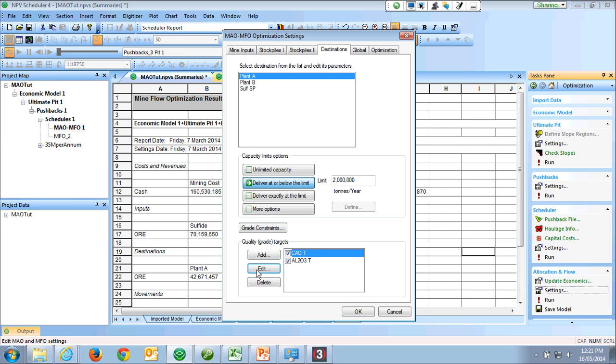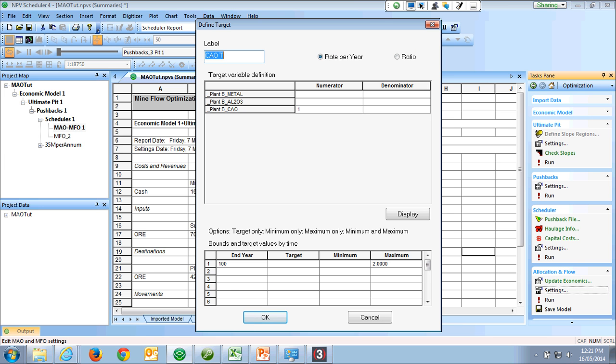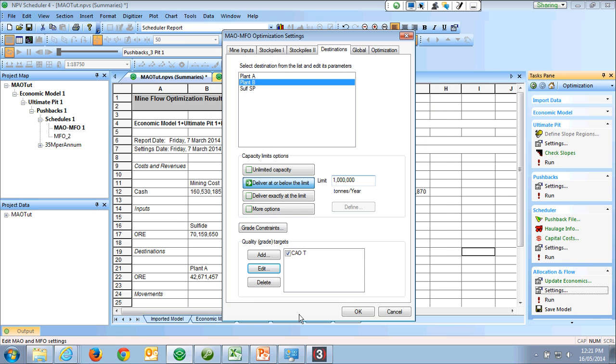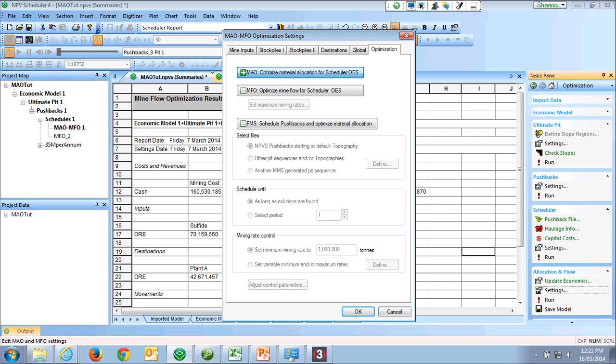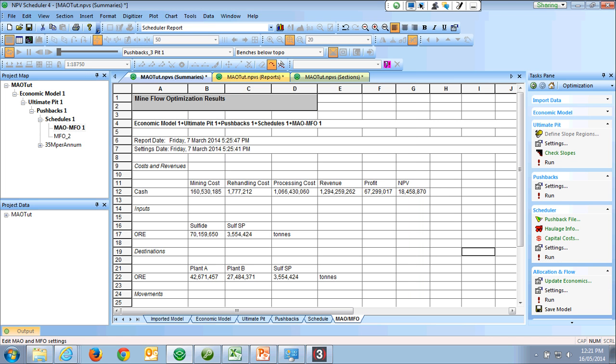With Plant B, the higher cost plant, we have no limitation on the Al2O3, but we do have a higher maximum for the CaO. And we have no global settings. So yes, in this case we were running MFO.